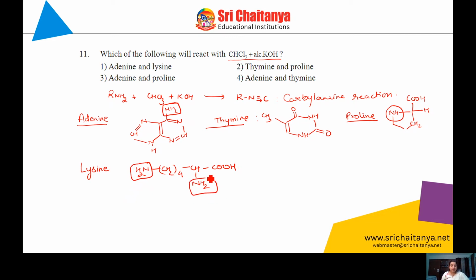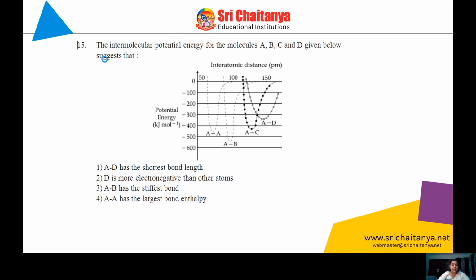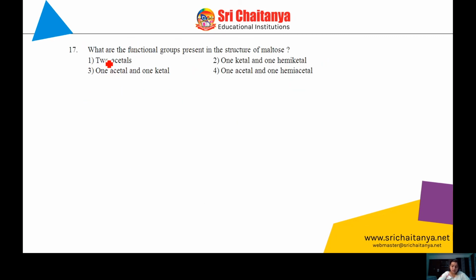Right? No such thing in thymine and proline. So our answer has to be the first option. Clear? Next question for us is question number 17. Let us move to question number 17.